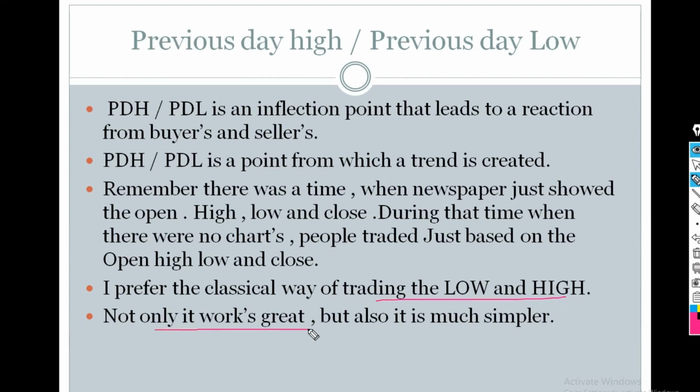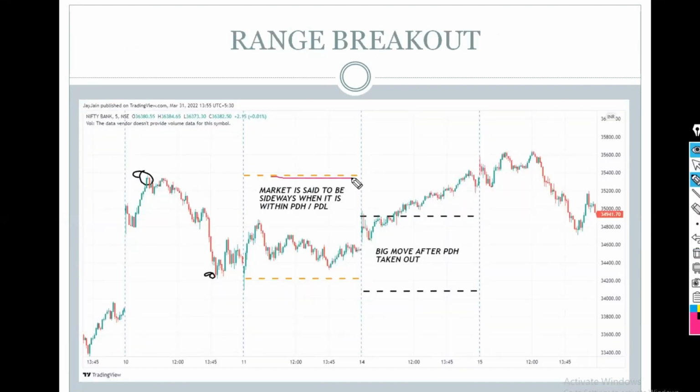Not only does it work great, but it is also much simpler and stress-free, because try to understand one thing. This previous day high and previous day low is going to be the same for all traders, right? For example, when this previous day high is taken out, it is the same for an intraday trader, for a scalper, for a swing trader, for a positional trader, for any type of trader.